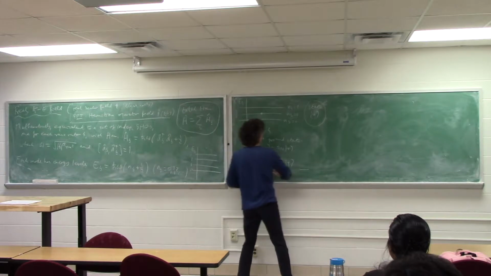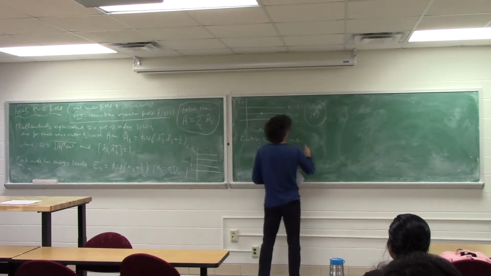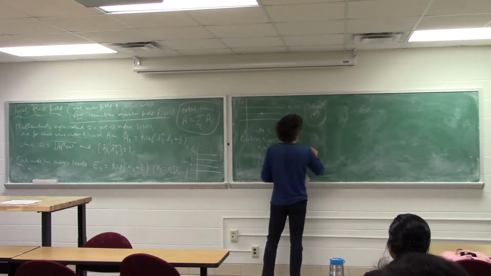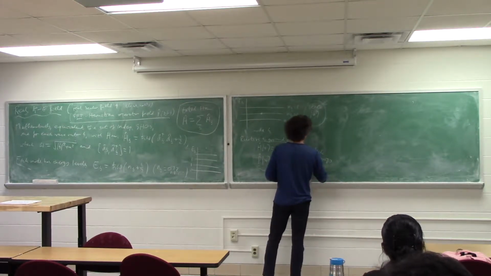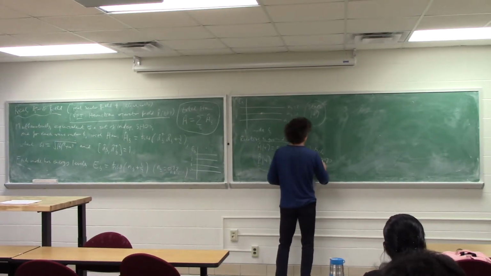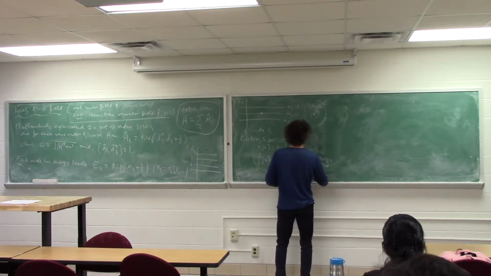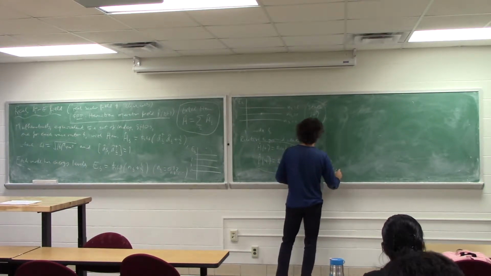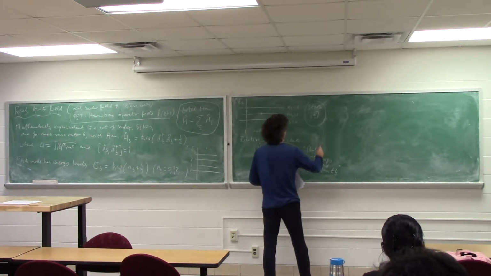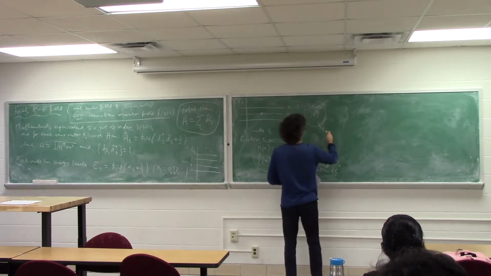And this state is what you normally think of as a particle with energy h bar omega and momentum h bar k. So you might want to label this.